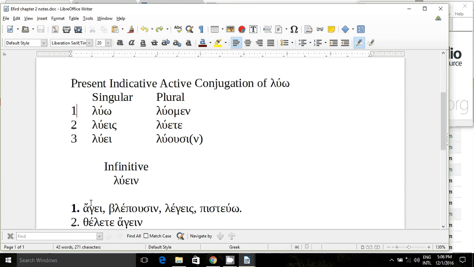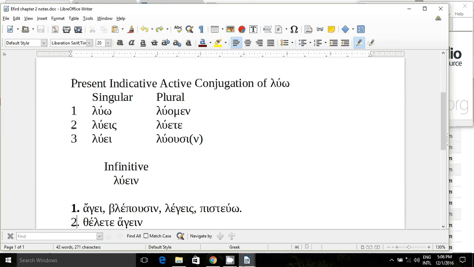Lambano, I receive or I take. Lego, I say or I speak. Luo, I loose. Mello, I am about to. And pisteuo, I believe. Pisteuo eis hena theon, I believe in one God, the Father Almighty, etc. And a conjunction here, kai.